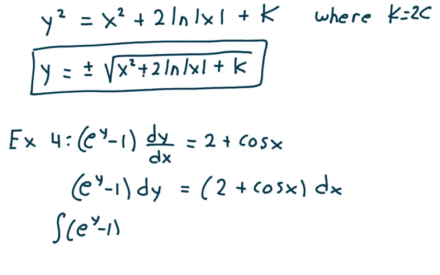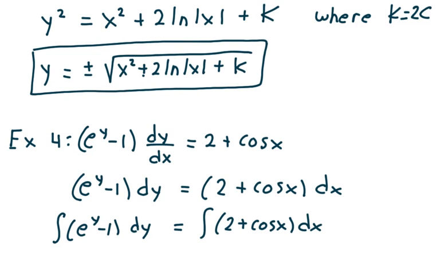So the integral of e^y minus 1 dy is the same as the integral of 2 plus cosine x dx. I get e^y minus y on the left side. On the right side, notice the function whose derivative is 2 is 2x.